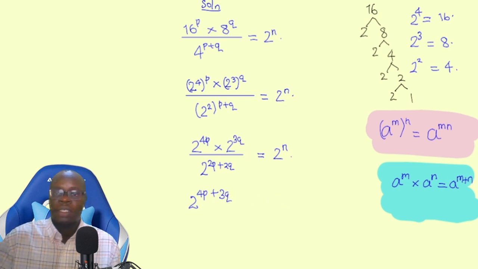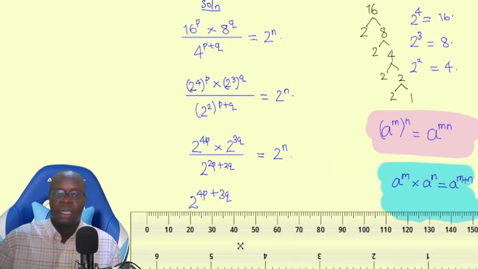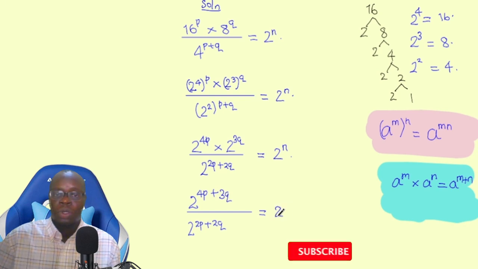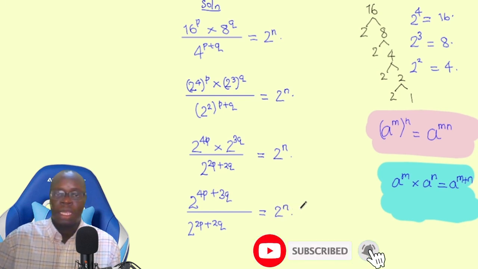We're still dividing this with our denominator, which is 2 exponent 2p plus 2q, and this is equated to 2 exponent n.